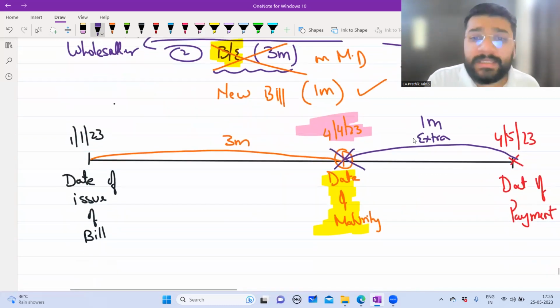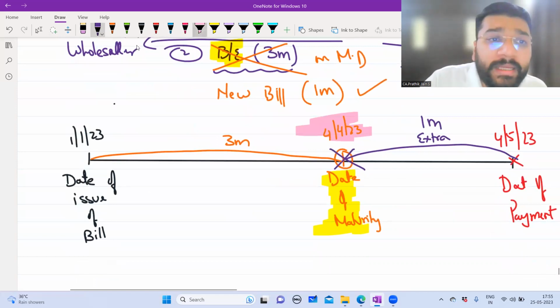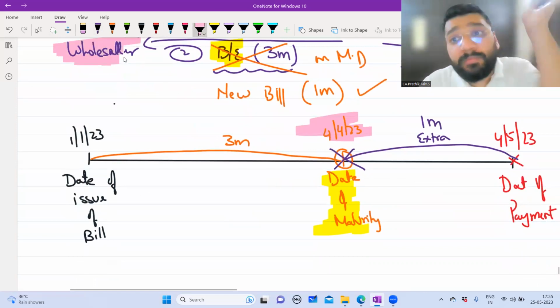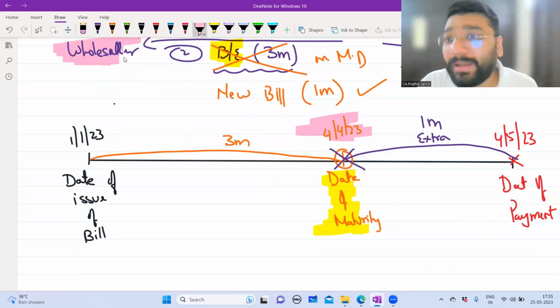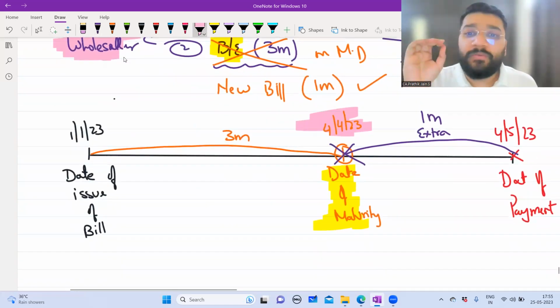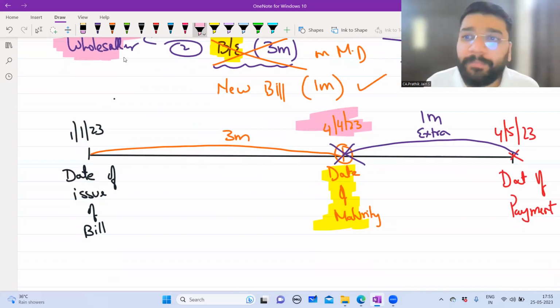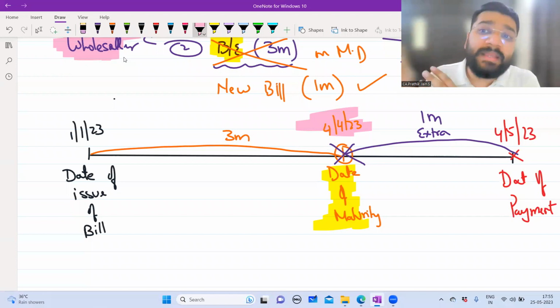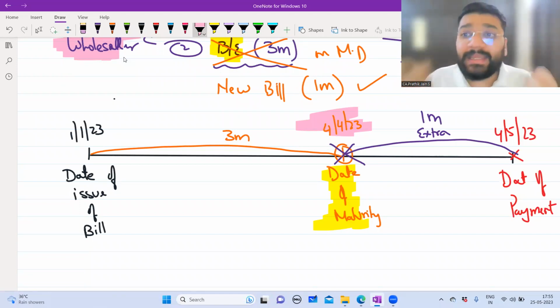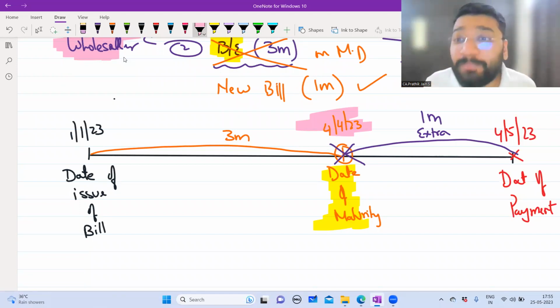Obviously the wholesaler, in return, has to buy the goods from the manufacturer. So he also needs money, right? On 4th of April, the wholesaler would have mentally been prepared that once I receive money from the retailer, I will make the payment to the manufacturer and buy the laptops. Like that, he would have made his plans.